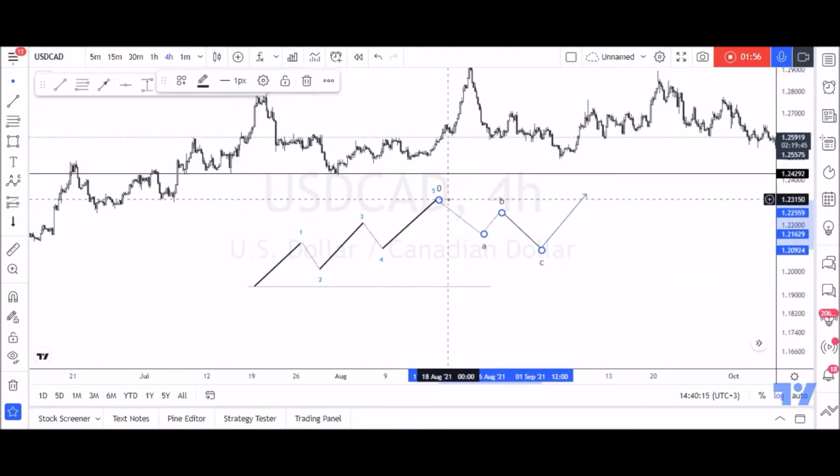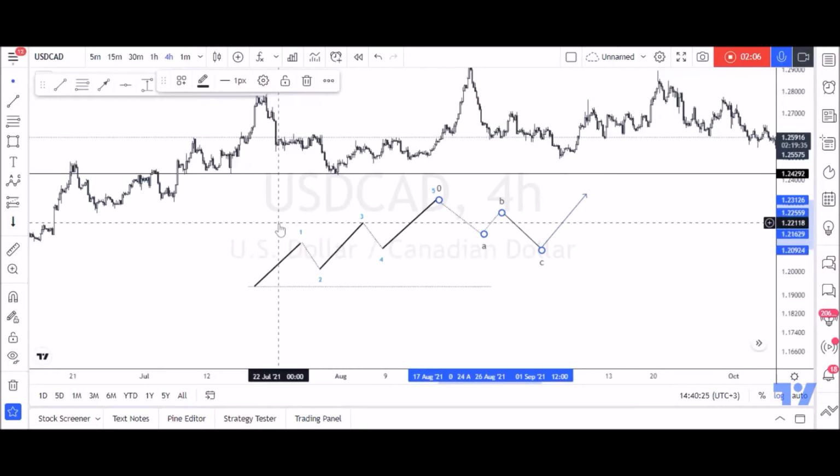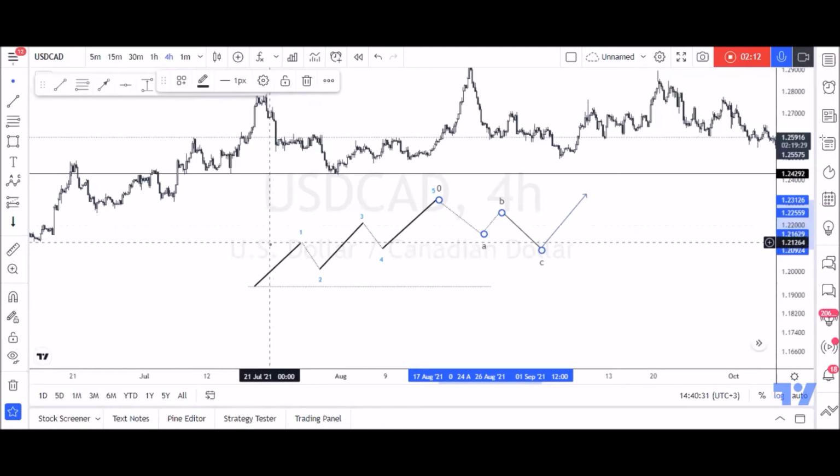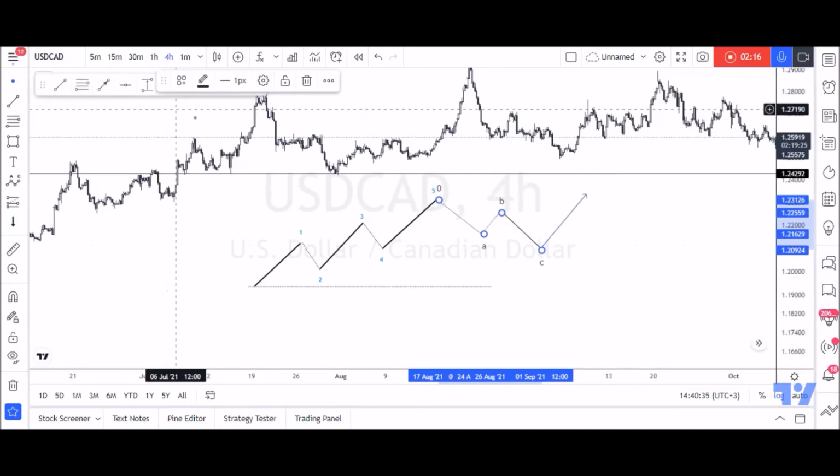And after five, we see an ABC correction, and then the impulse, and then a continuation of the trend. So we are going to confirm this whole trend with the Fibonacci retracement levels and with a trend line.